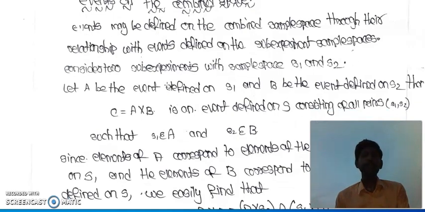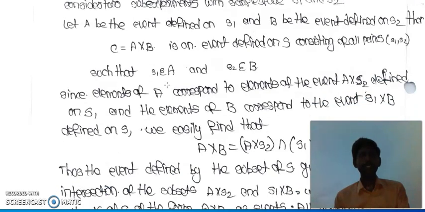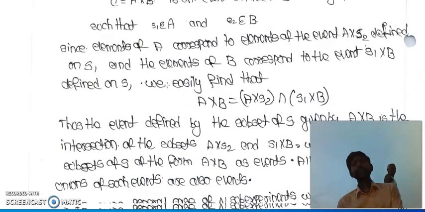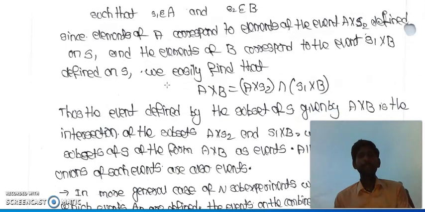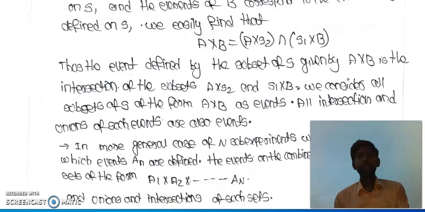Then the event C equal to A cross B is an event defined on the combined sample space S, consisting of all pairs (s1, s2) such that s1 is in A and s2 is in B. Since the elements of A correspond to the event A cross S2 defined on S, and the elements of B correspond to the event S1 cross B defined on S, we easily find that A cross B equals A cross S2 intersection S1 cross B. Thus, the event defined by the subset of S given by A cross B is the intersection of the subsets A cross S2 and S1 cross B. We consider all subsets of S of the form A cross B as events.